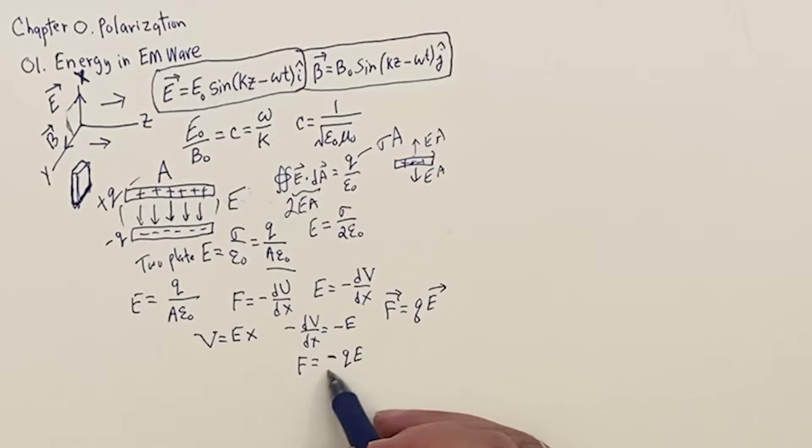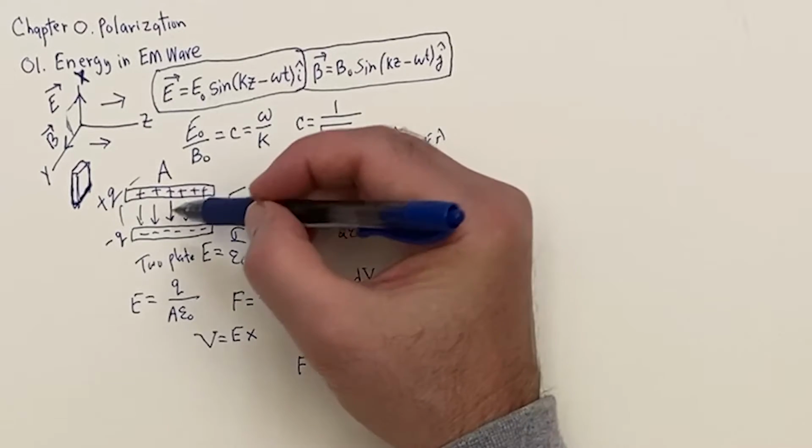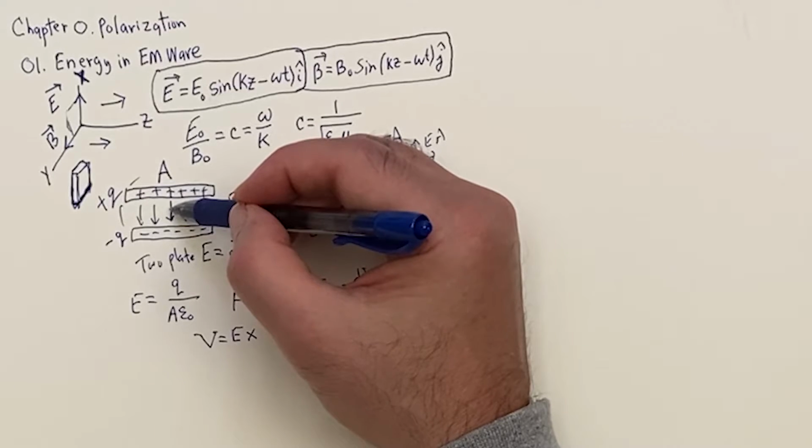So if you put the Q in there, you get this. Does that make sense? Well, yes, if you have a plus test charge, it's going to go down.